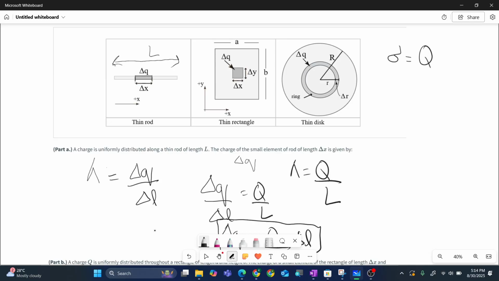Sigma equals Q over A. For this whole object, since it's a rectangle, A is equal to width times height, so this is going to be AB. Sigma is going to be Q over AB. And if I deal with a small particle delta Q, this is going to be delta Q over delta A.